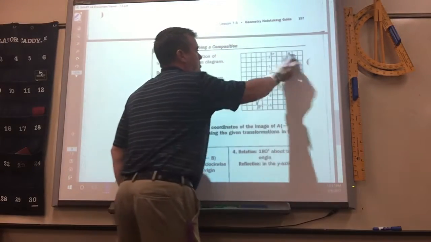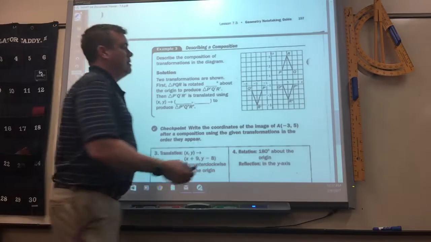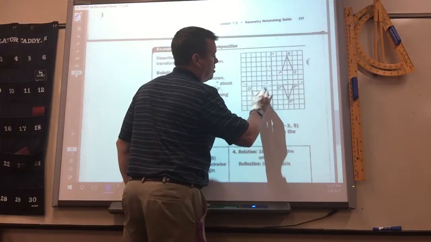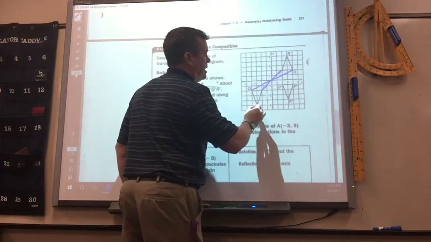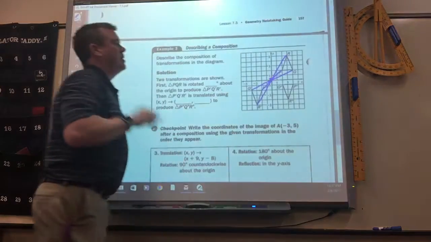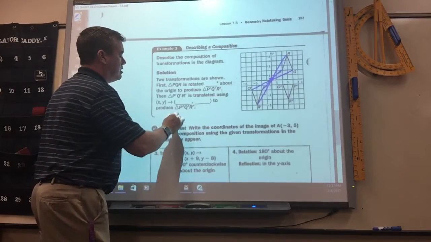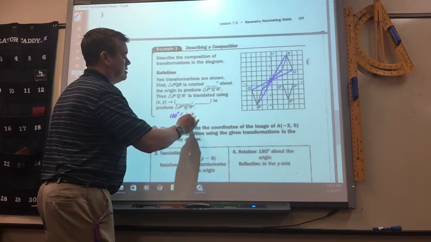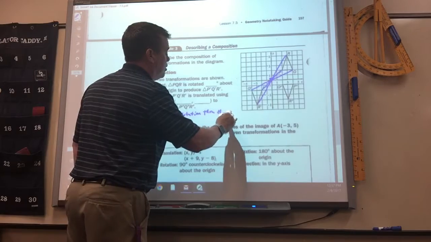So, it should be 180 degrees. And in order to check that, if you connect all the points, they do form straight lines, right? Through the origin. So the first thing it's done is it's a 180 degree rotation through the origin.